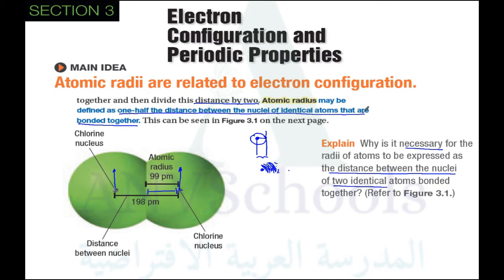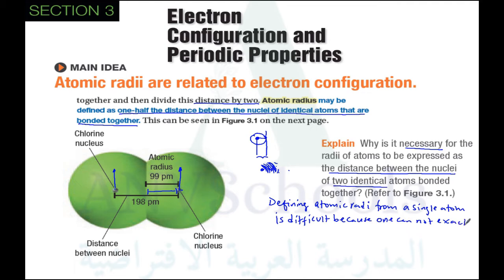Because describing or defining atomic radius from a single atom is difficult, because one cannot exactly locate the edge of the atom, because we are dealing with waves. Why is it difficult to locate the edge of the atom?